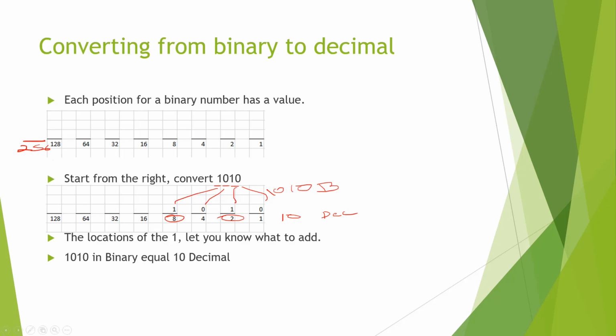But why is that? That's because in reality, this first position is the 0 position, so 2 to the power of 0. The next one is the first position, second, third, fourth, and so forth. 2 to the 7th, 2 to the 8th, and so forth.